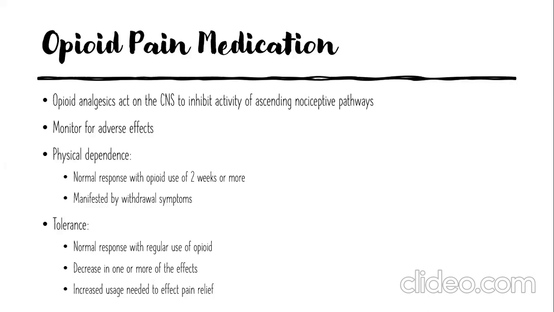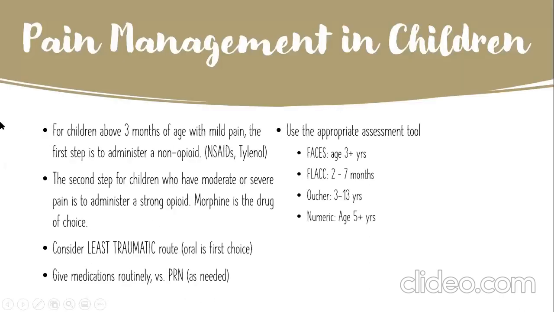But usually it takes at least about 2 weeks of regular use for you to have some sort of physical dependence, and that physical dependence obviously is when people have withdrawal symptoms. Tolerance again happens with regular use. Your tolerance builds up, it's not having the same effect it used to, and it requires a higher dose to get the effect you want.